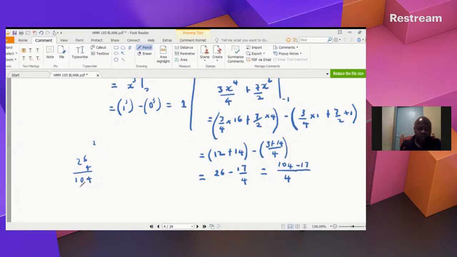What is 104 minus 17? This would be 7. 9 minus 1 will be 8. So this will be 87, 87 out of 4.